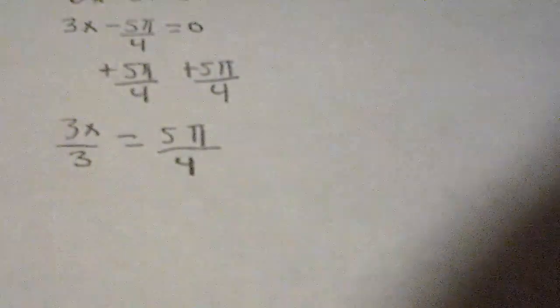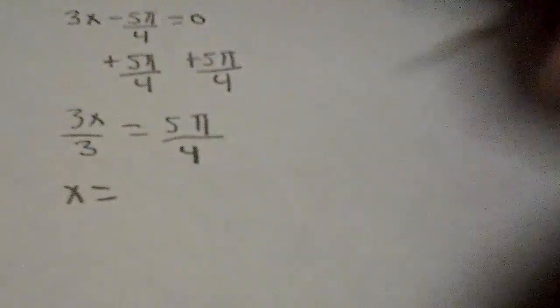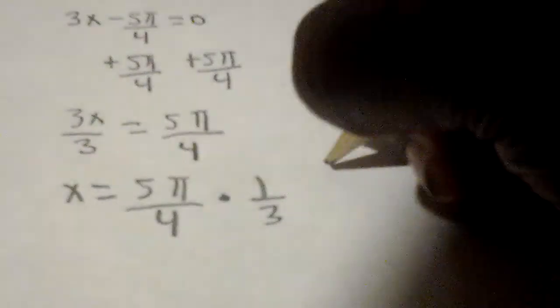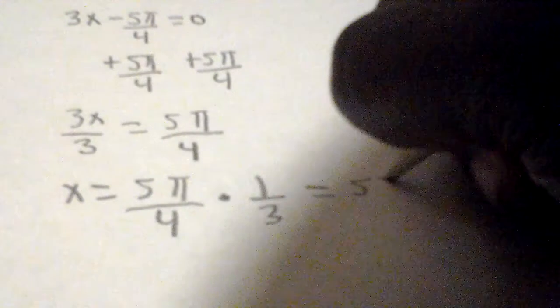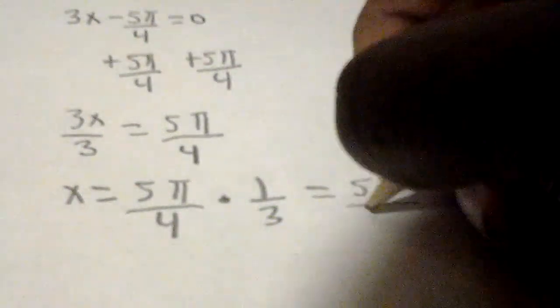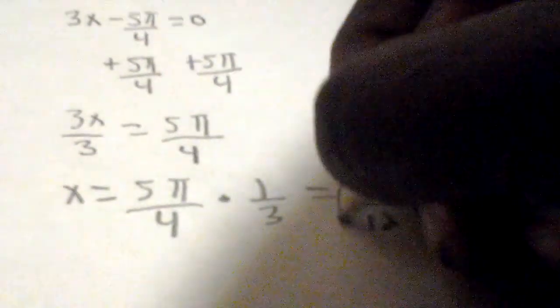Then I'll continue by bringing the 3x down and putting it over 3, equal to 5 pi over 4. Then I'll put x equal to 5 pi over 4 times 1 over 3, which gives me an answer of 5 pi over 12.